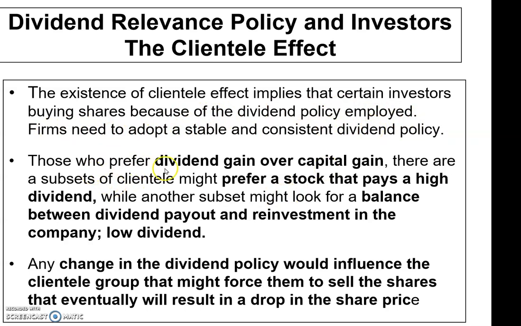Those who prefer dividend income rather than capital gain income might prefer a stock that pays high dividends, investing in a company paying high and regular dividend income, while another subset of investors might look for a balance between dividend payout and reinvestment in the company, so they prefer low dividend income.